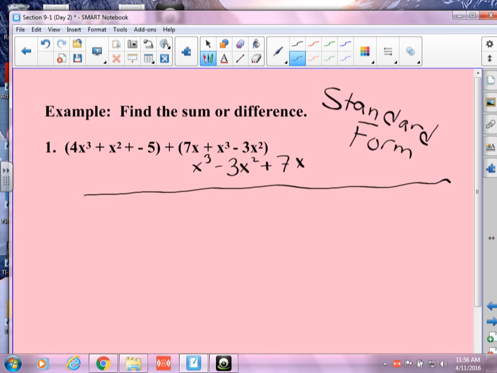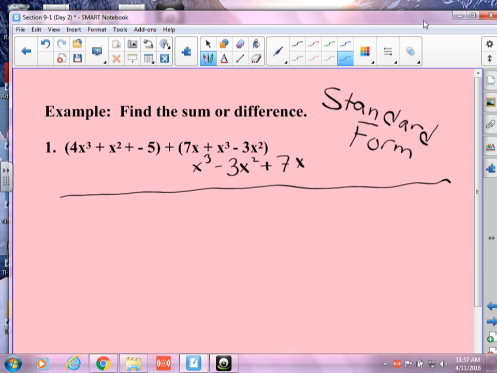Alright, now that they're in standard form, I'm going to line them up so that I can add or subtract them. I'm going to take the first polynomial. If I name it, what's the first name? Cubic, because my highest exponent is 3. And how many terms? 3, so it's a trinomial.